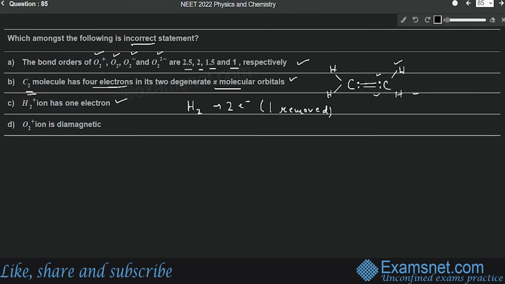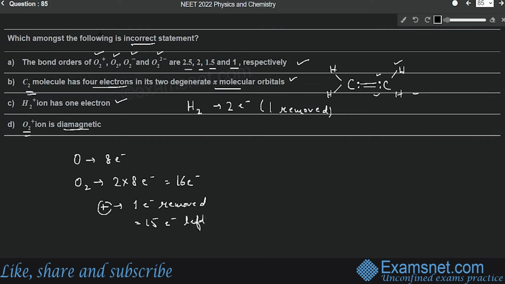Okay. Now the last one is O2 plus ion is diamagnetic. Now here we know that oxygen has 8 electrons because its atomic number is 8. So O2, that means the oxygen molecule, will have 2 into 8 electrons, that means 16 electrons. Now 1 plus means what? 1 electron removed. So how many electrons left? 15 electrons left.